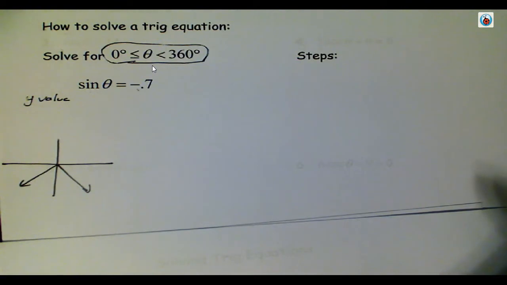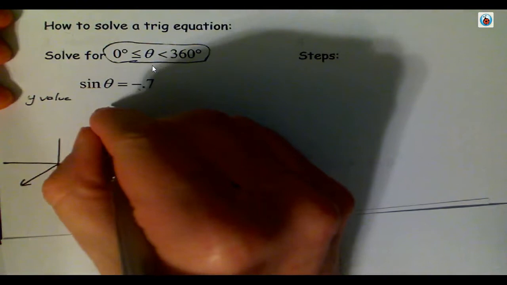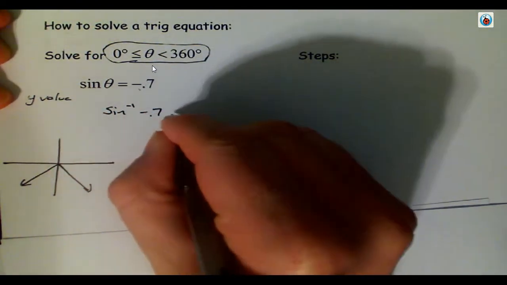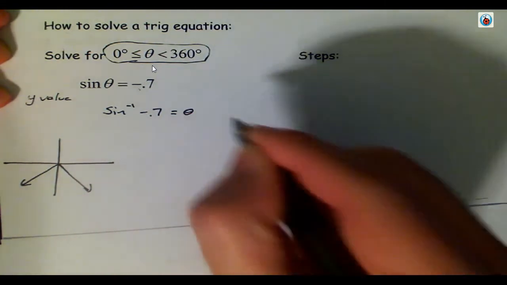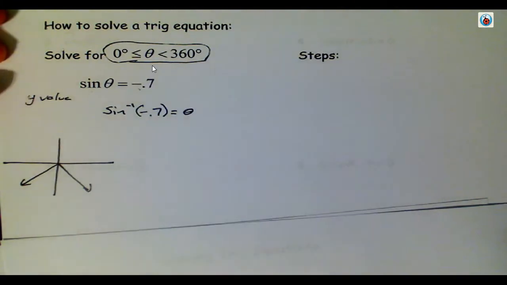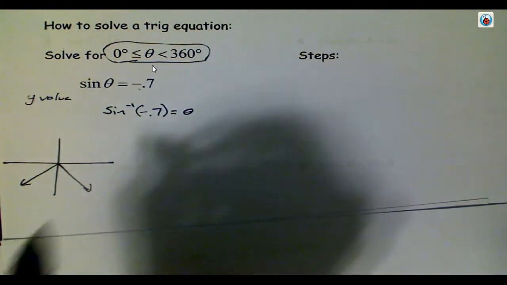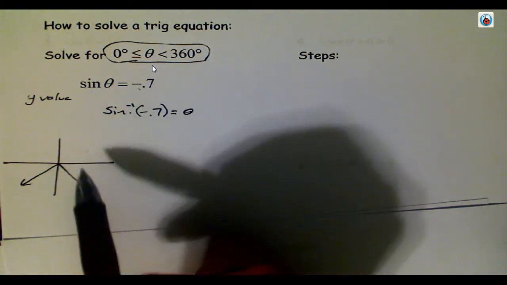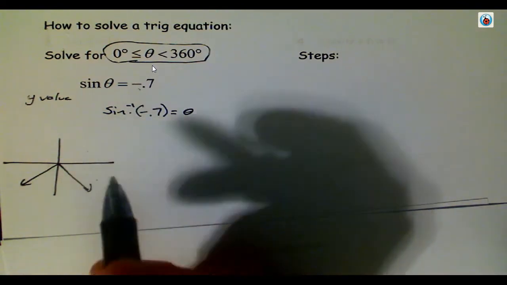Now we can use the inverse to help us find one of them. So sine inverse of negative 0.7 equals theta. Now, if you remember, the inverse of sine gives you answers in the first and fourth quadrant.